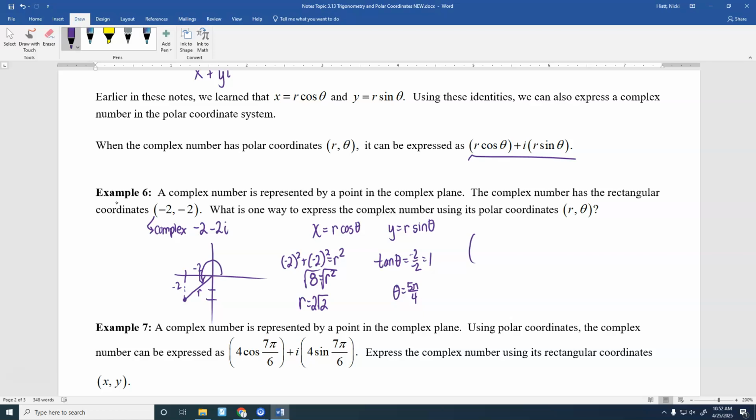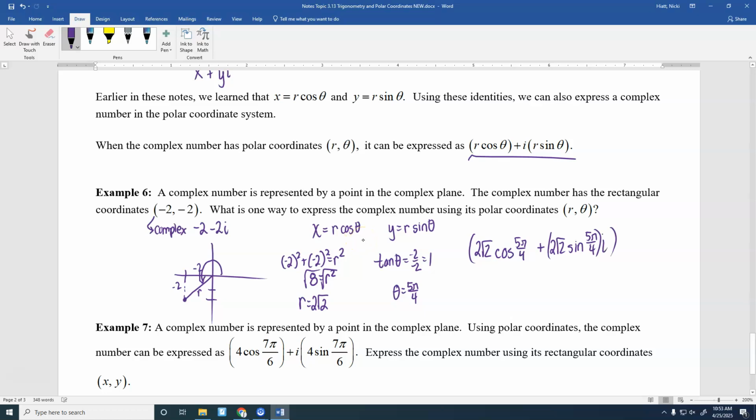I'm going to be honest, I don't even know why you need to do this. I don't know where this is useful in life, but Mr. Passwater put it in here and he knows more than I do. We're going to do 2 square root of 2 cosine of 5 pi over 4 plus 2 square root of 2 sine 5 pi over 4 times i.